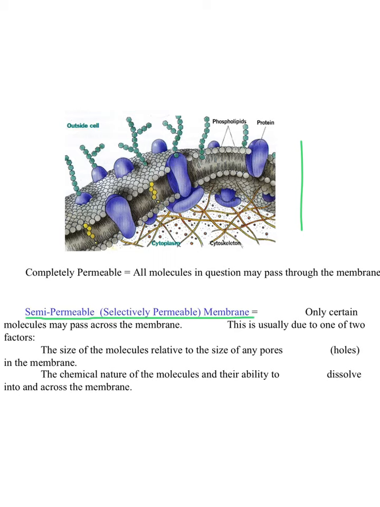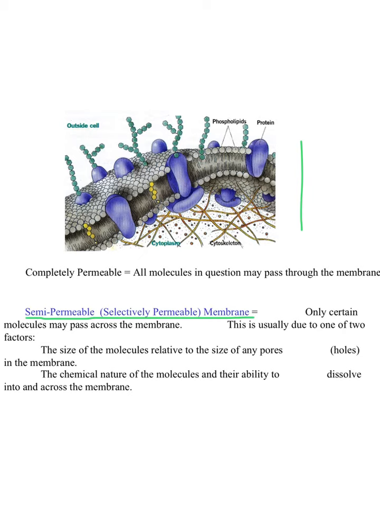So only certain stuff gets in and out. Now, whether or not stuff gets in and out is usually dependent upon two things. One, in some membranes, not necessarily cell membranes, but maybe the membranes of certain organelles, you might have small pores, holes. And if the molecule is small enough, it's completely permeable to those molecules.